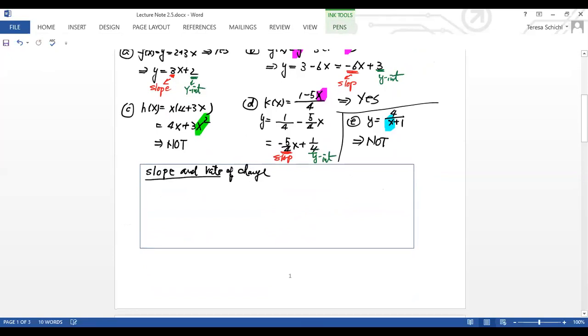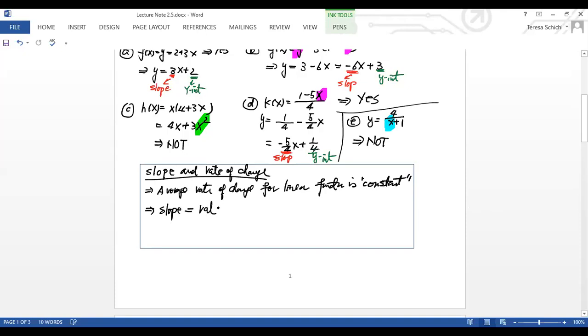Do you remember from 2.4, the average rate of change for a linear function is a constant, right? It's the slope of the tangent lines, but for a linear function, the tangent line is just itself. That's why we know the slope here is equal to the rate of change.